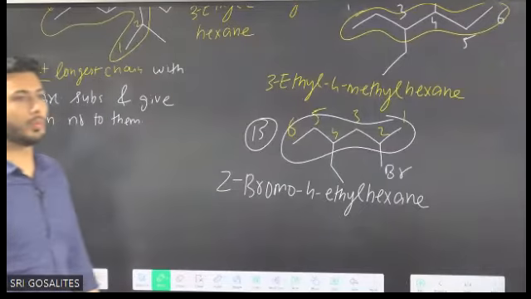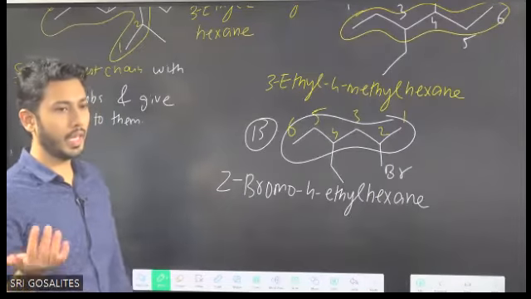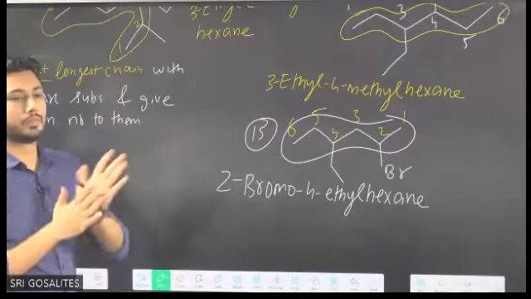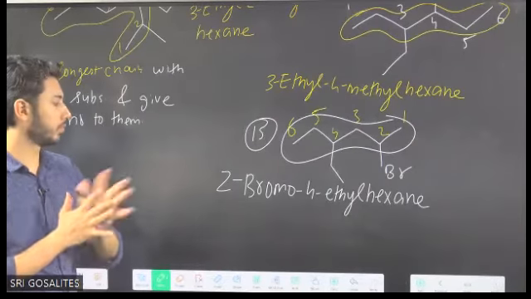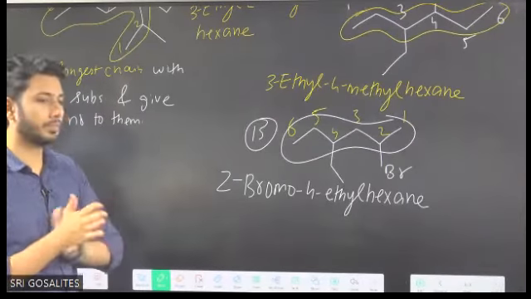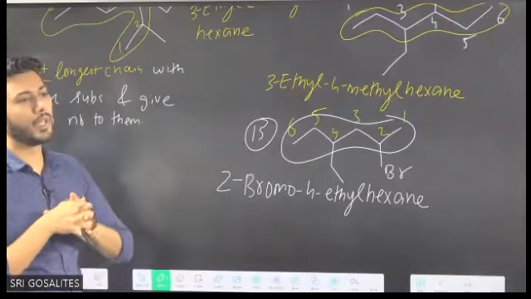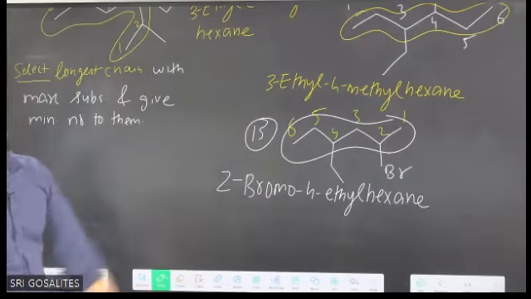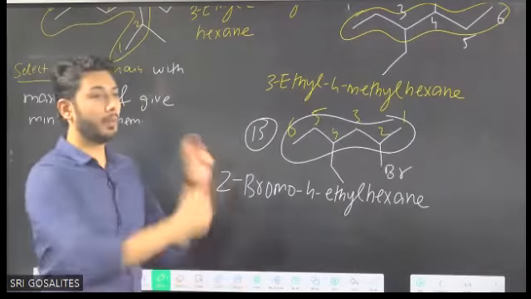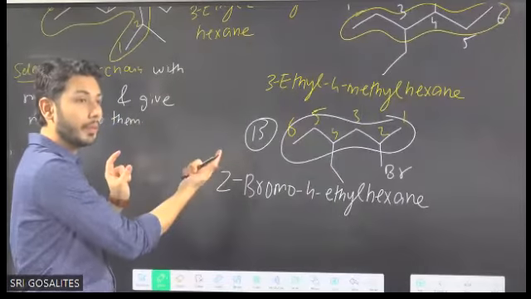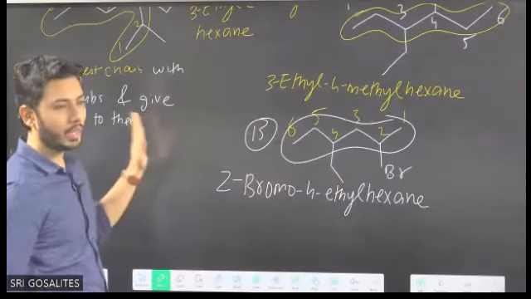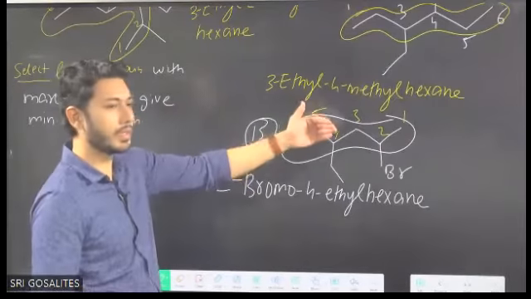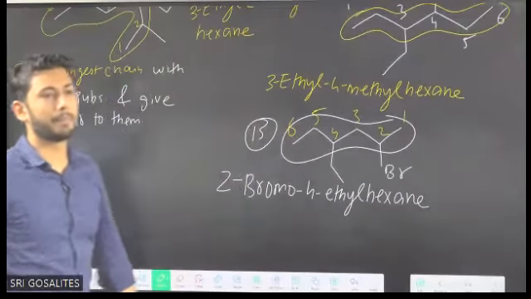It is 2-bromo-4-ethyl hexane. Correct. Okay. Clear up to 15th. Any specific point you want to ask? Because I have already given the points which are required to solve them. Without learning the points, never try to solve. Otherwise, it will be hit and trial. Sometimes you understand, sometimes you won't understand.